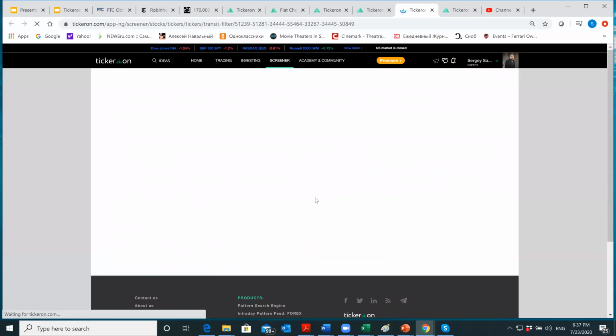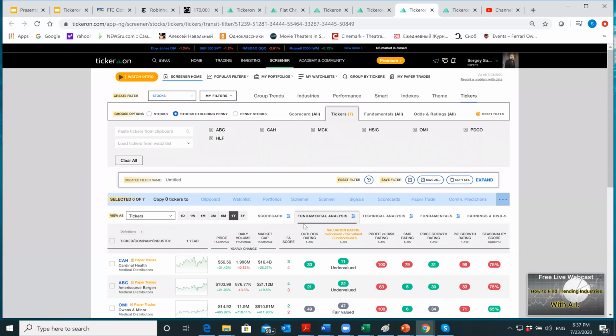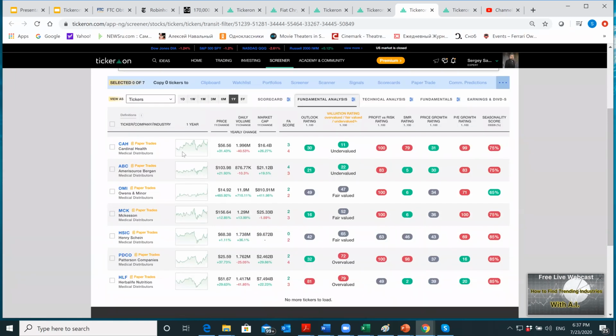It's collecting all the data, and then we will see all the fundamental analysis for the medical devices. You see, these are all these stocks. These are the medical devices. Look at their performance. They're doing really well.